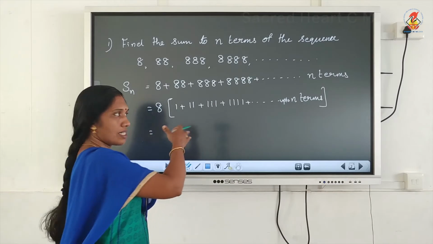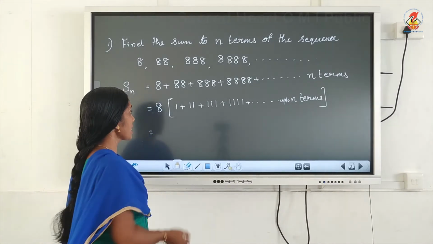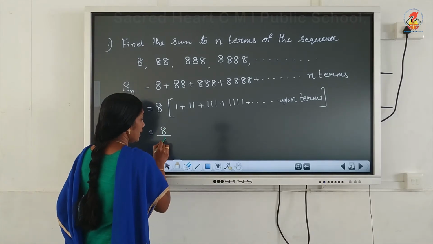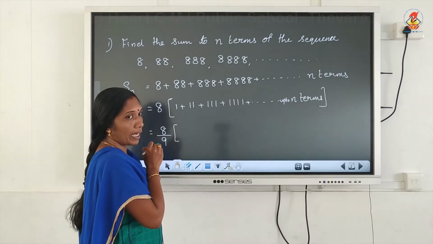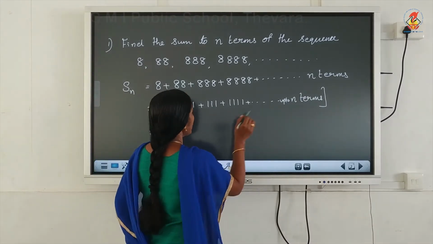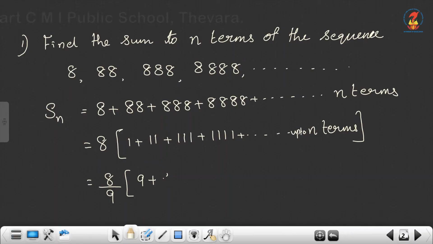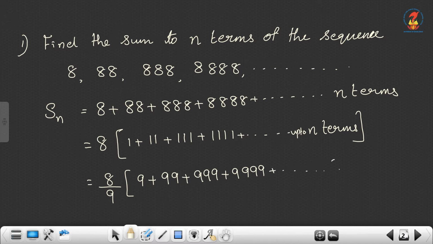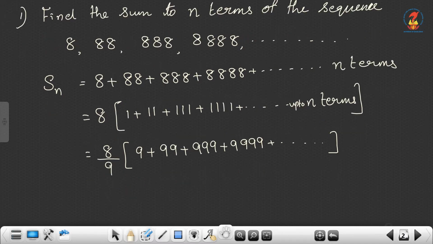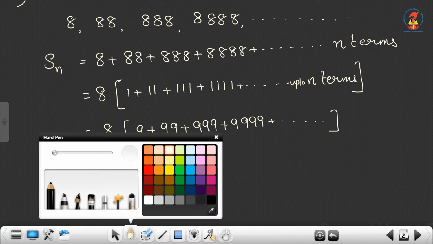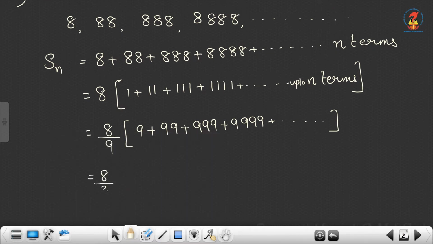So, to convert this bracket to GP, what we do is multiply and divide by 9. Okay, multiply and divide by 9. So, when we multiply this bracket by 9, first term is 9, 99, 999, 9999, okay, plus etc. Now, the next step is 8 by 9 into this 9 we can write as 10 minus 1.